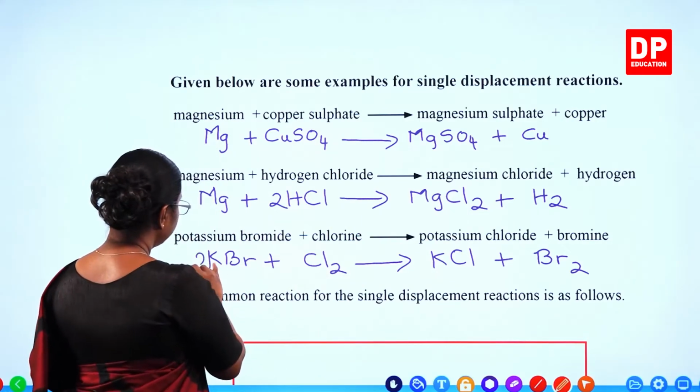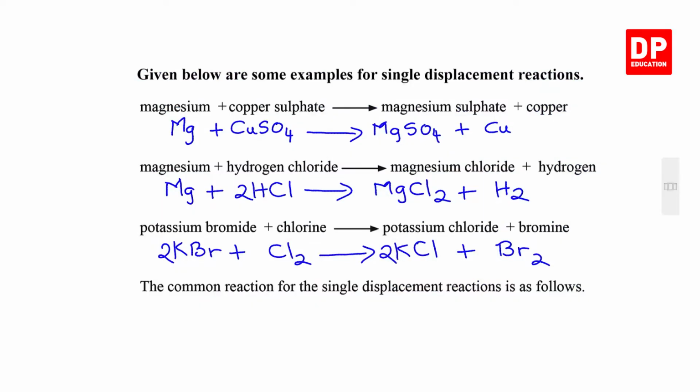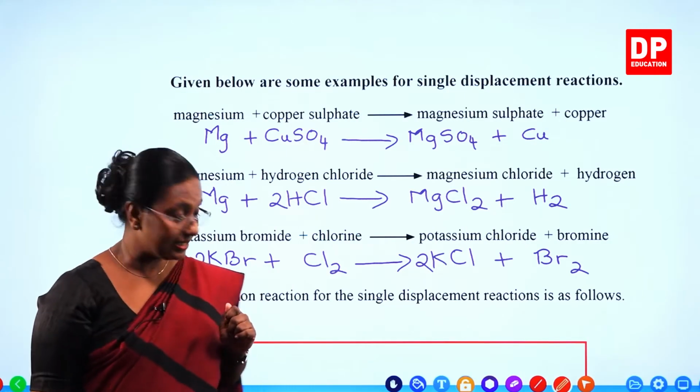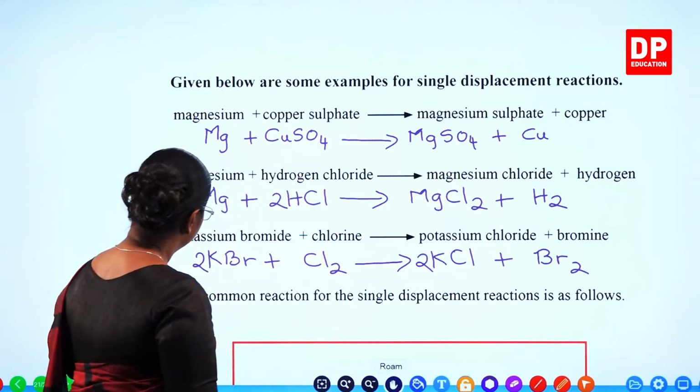So here of course we will need to balance it. 2 KBr plus Cl2 gives rise to 2 KCl plus Br2. So those are some examples for single displacement reactions.